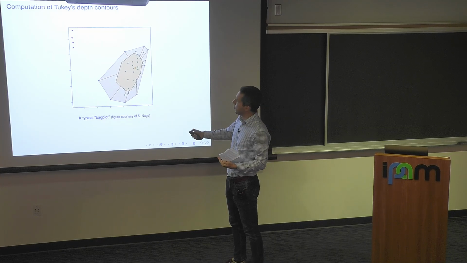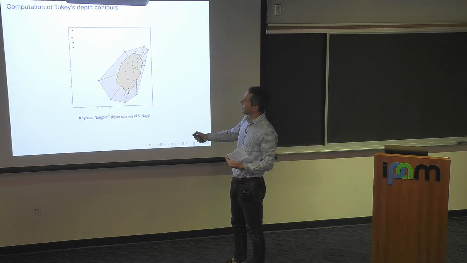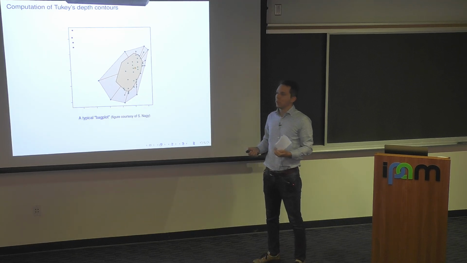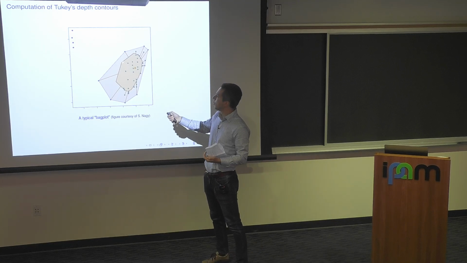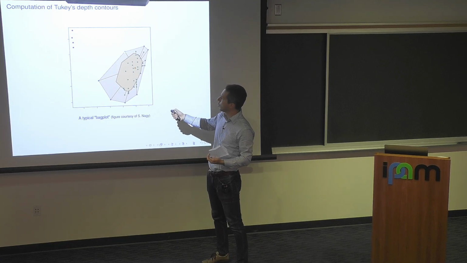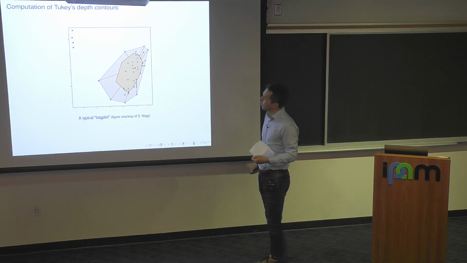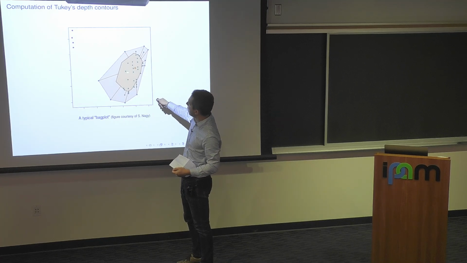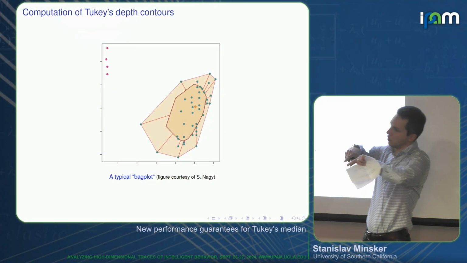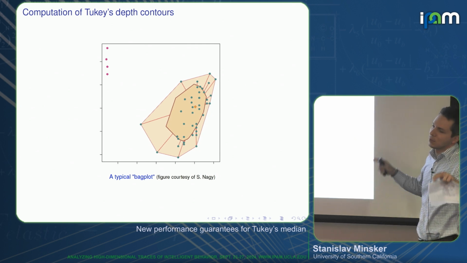So this innermost region will always contain 50% of the data, the 50% of deepest points in your data. It shows you not only the data, but the region that contains 50% of deepest points. Now, this outer region, the lighter region, is the inner region inflated by a factor of 3.